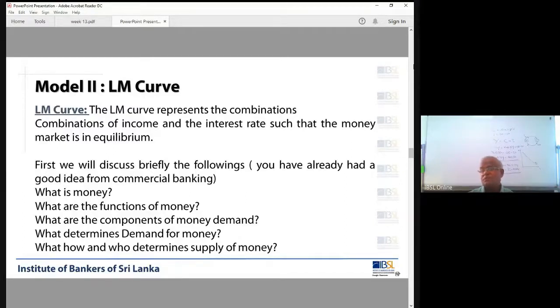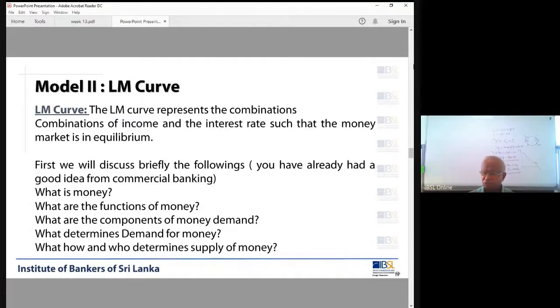If I fall ill, I have to get treatment, see a doctor, a consultant, maybe be hospitalized. To make those payments, you need money. So people demand money for precautionary reasons, to settle unforeseen contingencies. Transaction demand, precautionary demand, speculative demand.